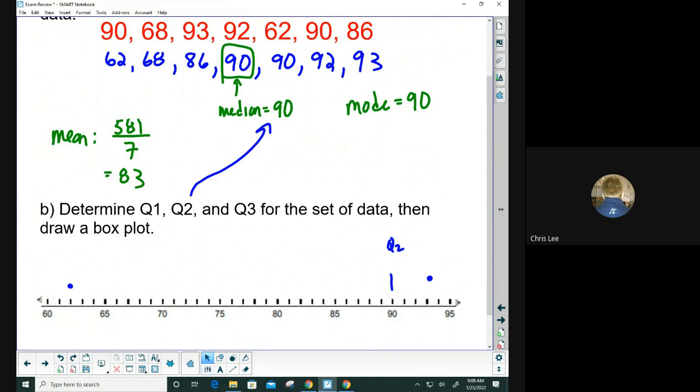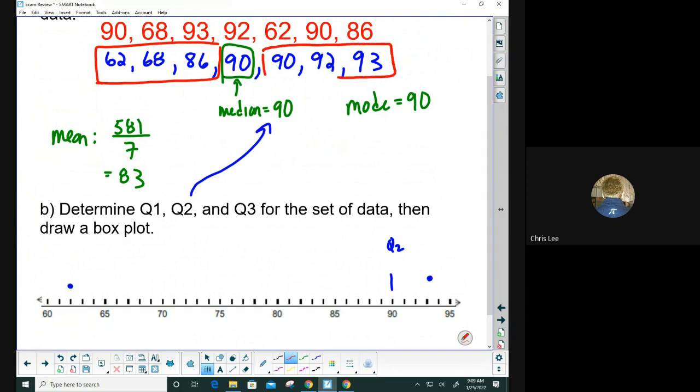So what you're doing is you're breaking up the first half of your data and your second half of your data. Q1 is the median of the first half. So which one is Q1?